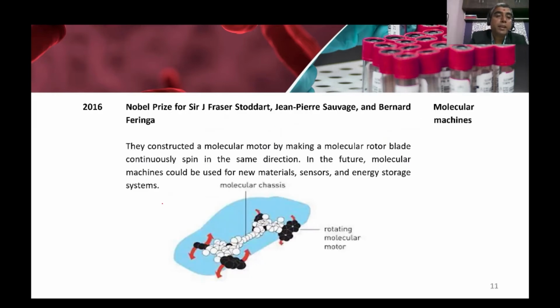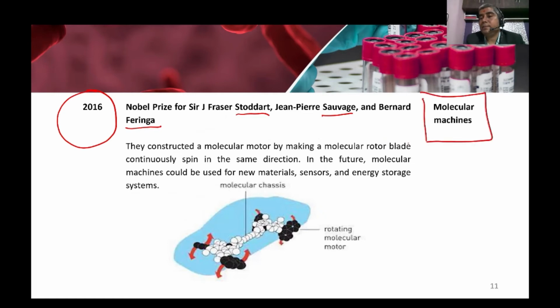And recently in 2016, scientists Stoddart, Sauvage, and Feringa received Nobel Prize for constructing molecular machines. So this is a new word for us, molecular machines.